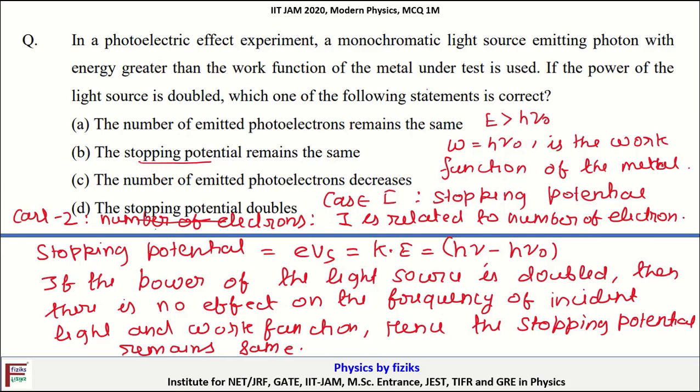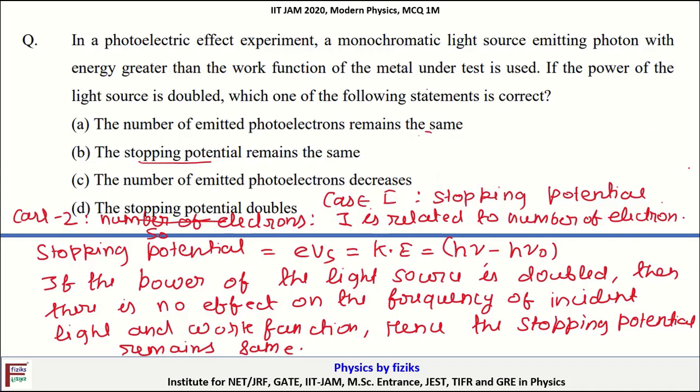So I would be writing this statement here: I is equal to P. Intensity is defined as, or has the same unit as, power, which equals energy by area.